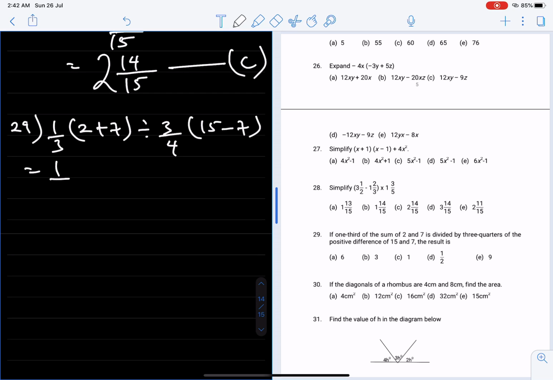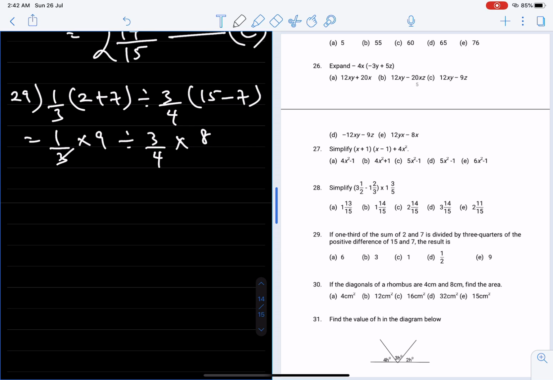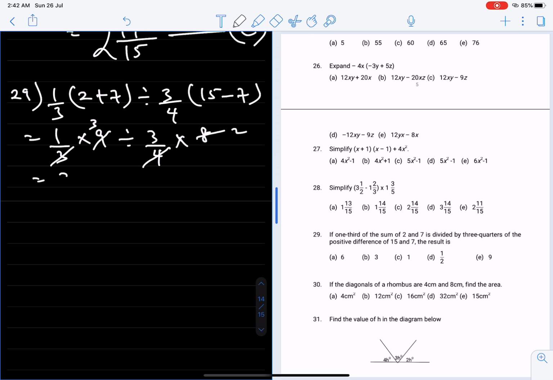And that means 1 over 3 times 9 divided by 3 over 4 times 8, which simply means, of course, 3 here 1, 3 here 3, 4 here 1, 4 here 2. That means 3 divided by 2, which is indeed 3 over 2.